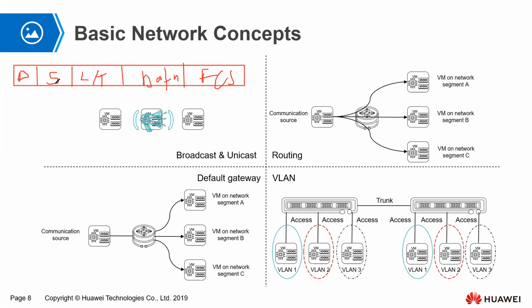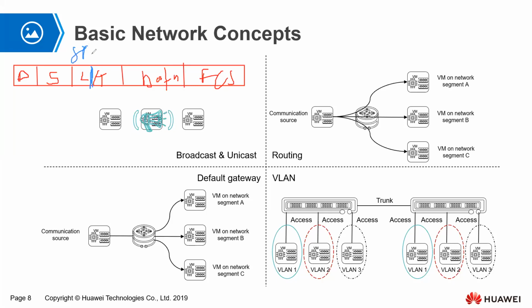Now when it comes to a tagged frame, the tagged frame is going to add another field which is 4 bytes long, which we are calling a tag. Let me use another color, let me use blue. Let's say we are going to have another field inside our frame, and this is going to be our tag.